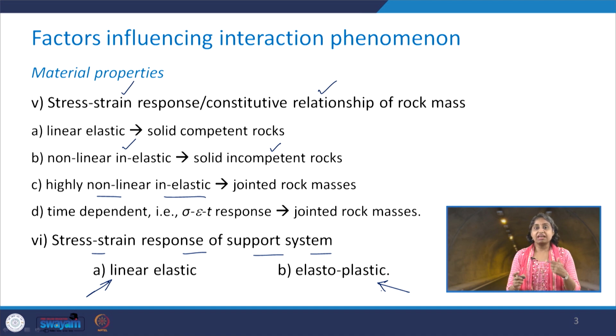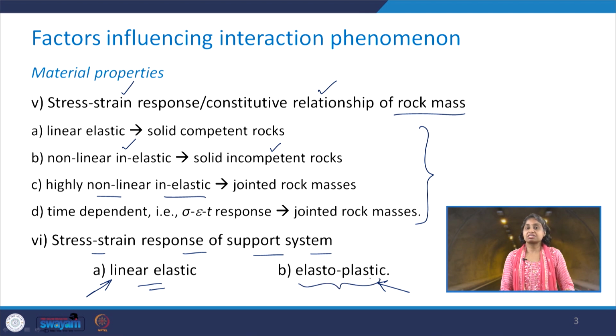So, as far as the excavation is concerned, it is the rock mass that will come into picture, and the constitutive relationship of the rock mass will define its characteristic. And for the support system, we will have either linearly elastic stress strain response or the constitutive relationship, or we will have elasto-plastic stress strain response of the support system.